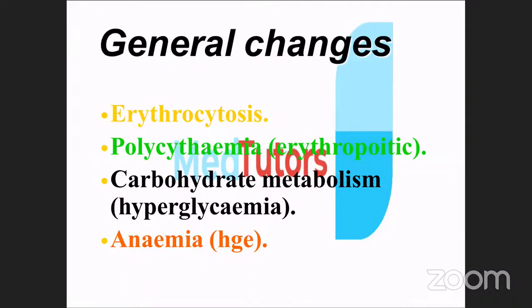While polycythemia may result because of a huge fibroid that is compressing the ureter, resulting in hydronephrosis with pressure at the renal pelvis, leading to increased synthesis of erythropoietin and increased erythropoiesis, and you have polycythemia. But this is rarer than anemia. Anemia is commoner than polycythemia in fibroids. Next slide.